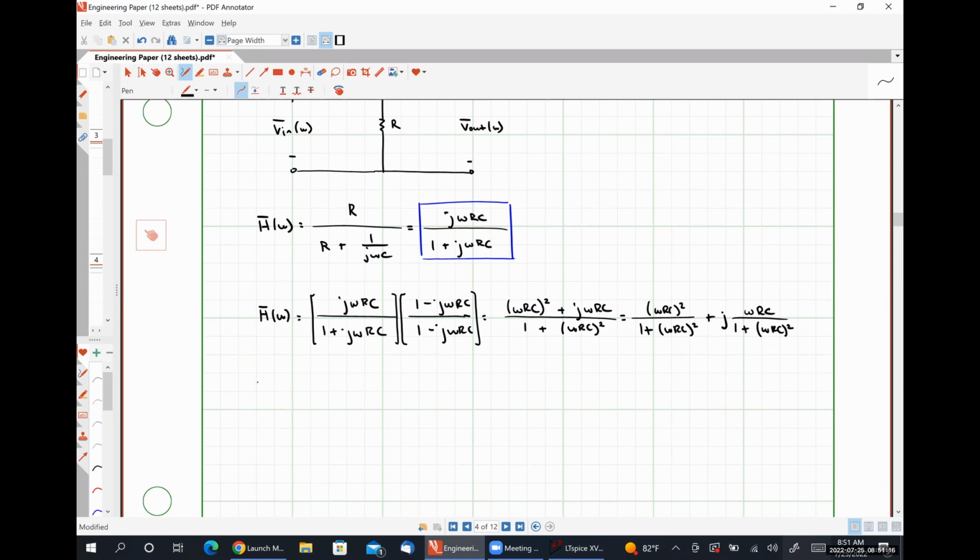My magnitude response then becomes the square root of the real part squared, so omega RC squared over 1 plus omega RC squared, square this whole thing, plus the imaginary part squared.